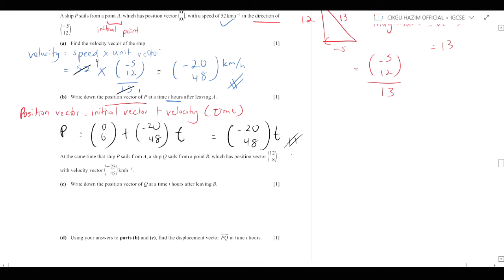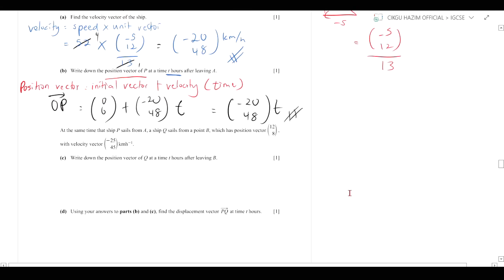That's your final answer, because that's your position vector. The position vector is just telling you how that thing moves. We also can understand that the position vector is the vector from the initial point or from the origin.